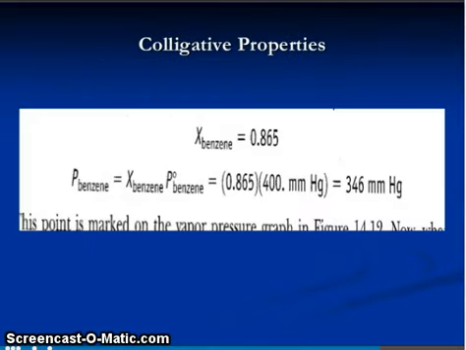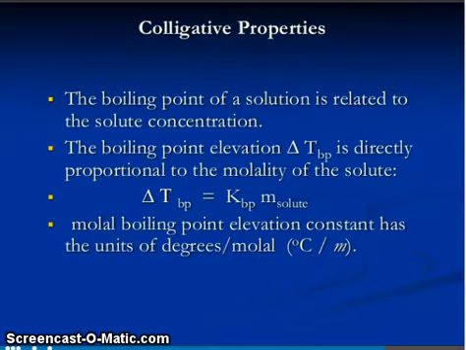This is the figure. So friends, colligative properties: the boiling point of a solution is related to the solute concentration. The boiling point elevation ΔTbp is directly proportional to the molality of the solute.